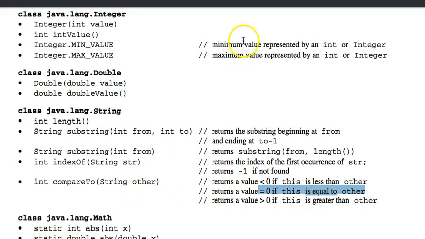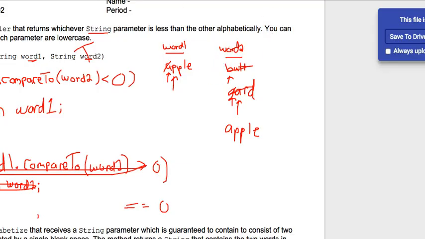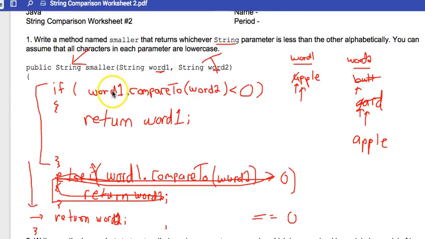It is kind of weird that I say two parameters when, in this situation, word1 is a parameter that's not in the parentheses. It's called the implicit parameter, and word2 is the explicit. So anyway, they are both parameters, technically speaking, of compareTo.